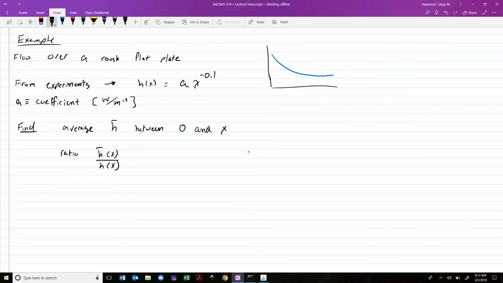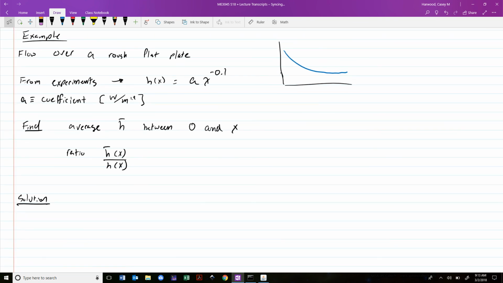So the way we get this is, h bar is going to be equal to 1 over the integration domain. Say 1 over x if we've traveled from 0 to x at some point. Integral from 0 to x of h, and we'll use a dummy variable, instead of x, we'll say zeta, d zeta.